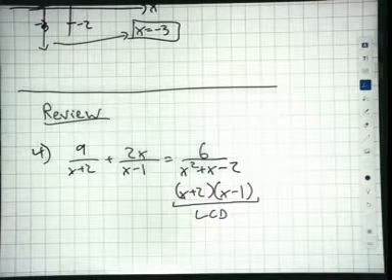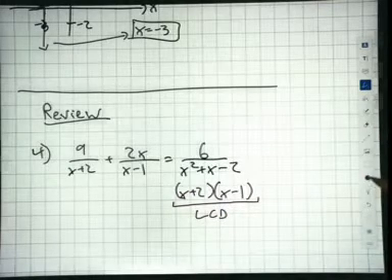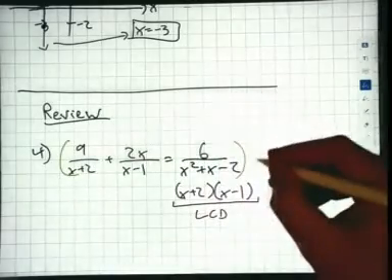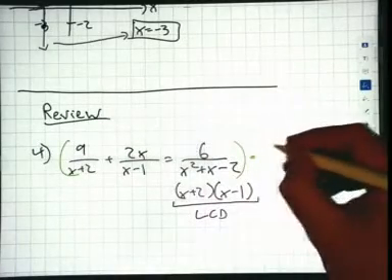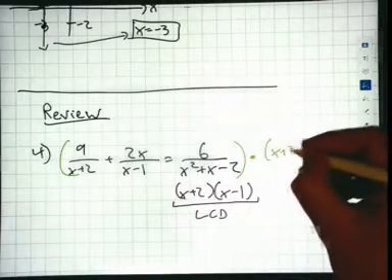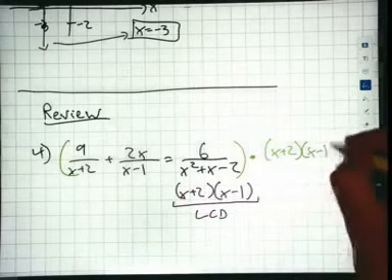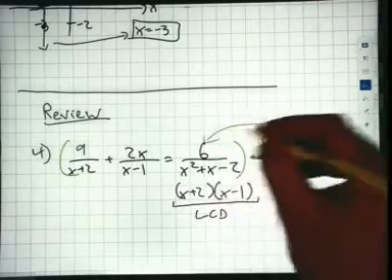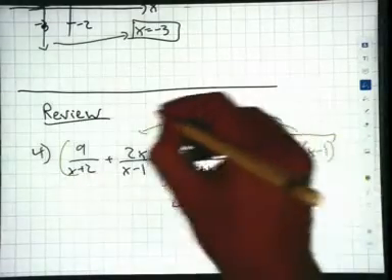What we're going to do is multiply this entire equation through by my LCD, the x plus 2 times the x minus 1. Every single term in this equation is going to get multiplied through by my LCD.